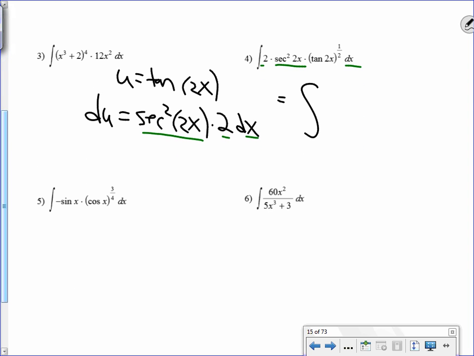Find your u right here. So it's going to be u to the half. And what's the rest of that? 2 secant squared 2x dx. We're going to replace that with du. You rewrite it. You take the antiderivative. What's the antiderivative of u to the half as long as you have the du?